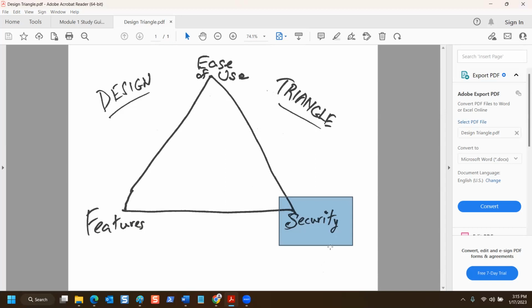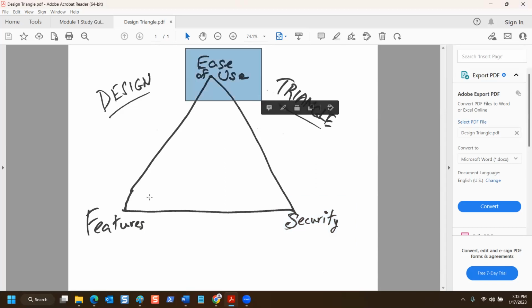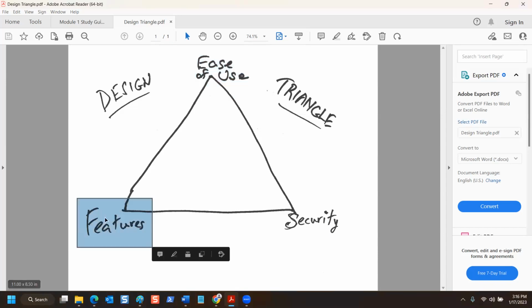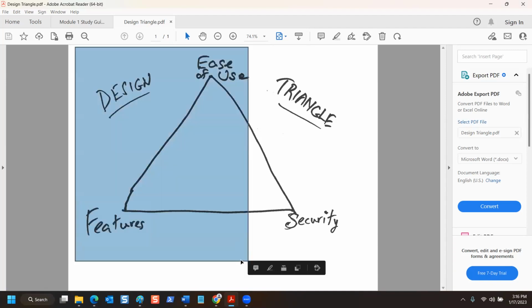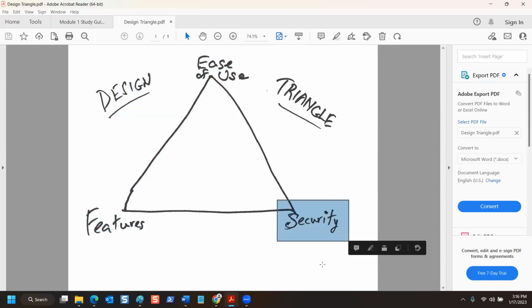So what happens with the design dynamic? Well, ease of use is not as important a criterion. The number of features isn't as important. When those two together are like the dynamic duo, they kind of suck all the air out of the room, and all of the design effort goes into this part of the software engineering universe, which means that security is likely to suffer.